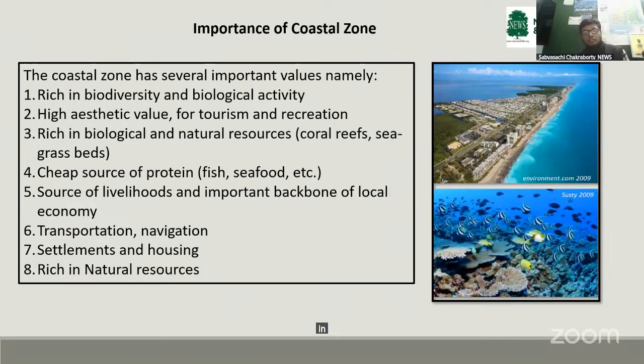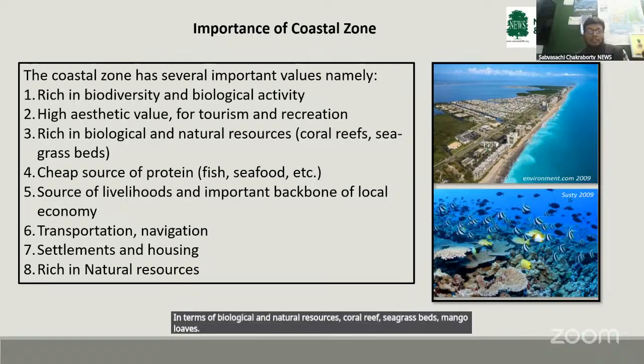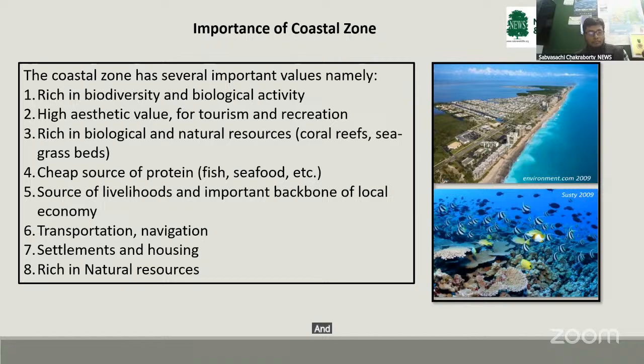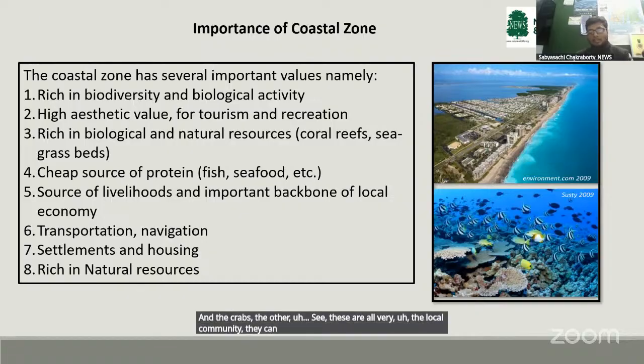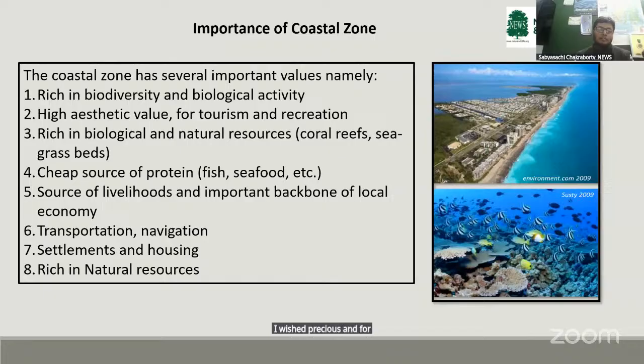In terms of biological and natural resources, there are coral reefs, seagrass beds, mangroves, and other ecosystems, and they are a cheap source of protein like fish and crabs. The local community can easily harvest fish for local food consumption, and it is a source of livelihoods and an important backbone for the local economy.